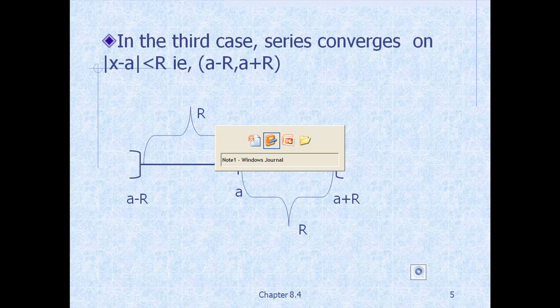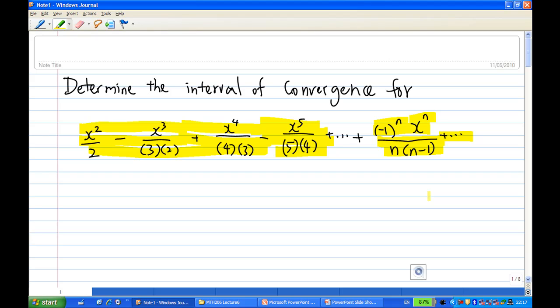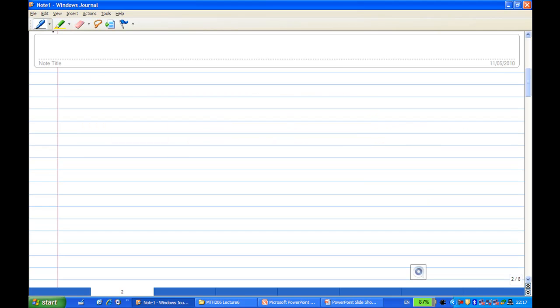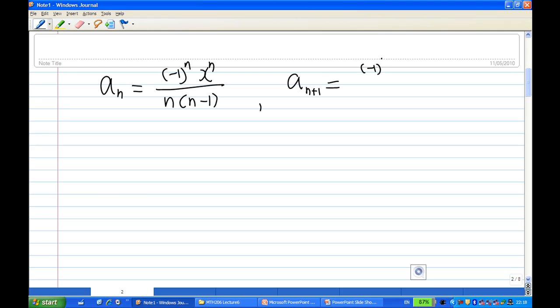So now let's go back to the solution. So a_n is equal to (minus 1) to the power n, x to the power n, times n minus 1. Now, let's find the next term. So the a_(n+1) term will be (minus 1) to the power n plus 1, x to the power n plus 1, over n plus 1 minus 1, which will be n.